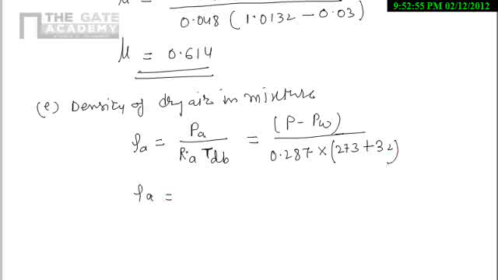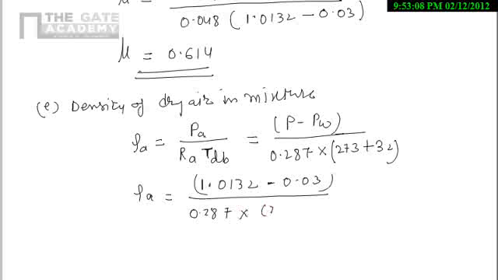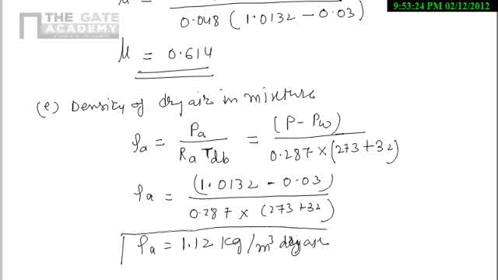So P is 1.0132 minus Pw 0.03, divided by 0.287 into 273 plus 32, and if we solve this we will get 1.12 kg per meter cube of dry air. So the density of dry air in the mixture will be 1.12 kg per meter cube.